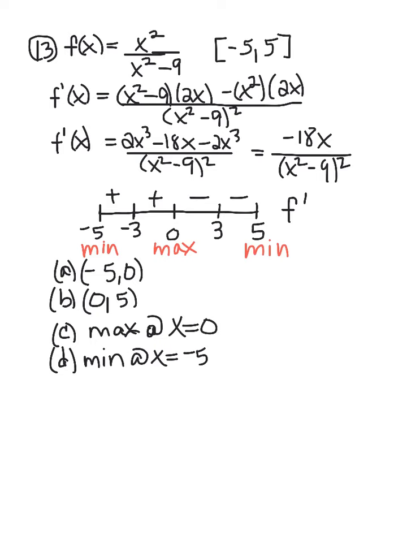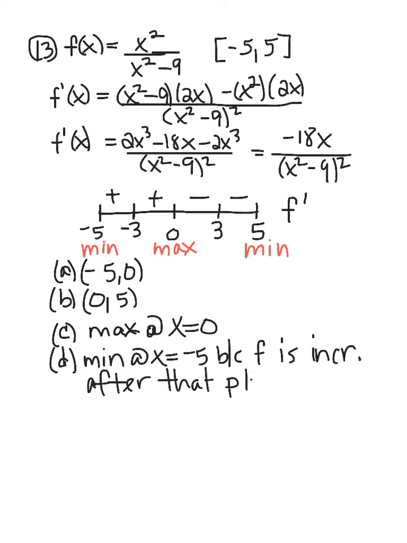Okay? So what you're going to say is there's a min at x equals -5 because the function is, I'm going to abbreviate, increasing after that point. Okay, so there's your sentence for the minimum at x equals -5.